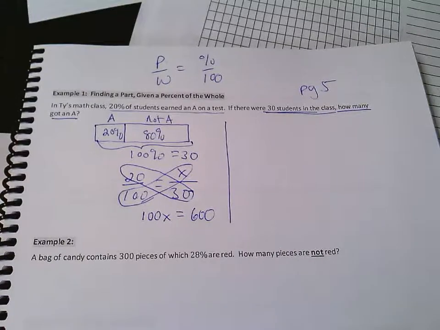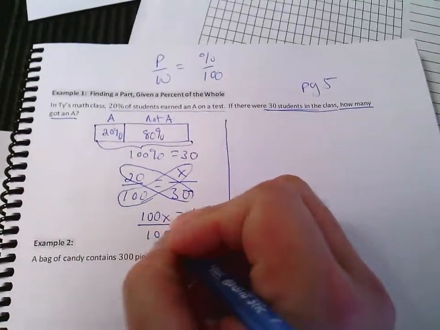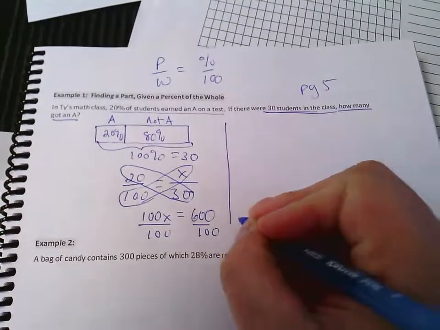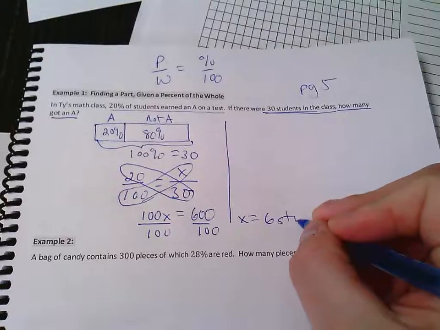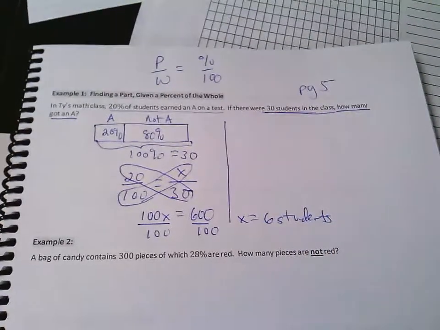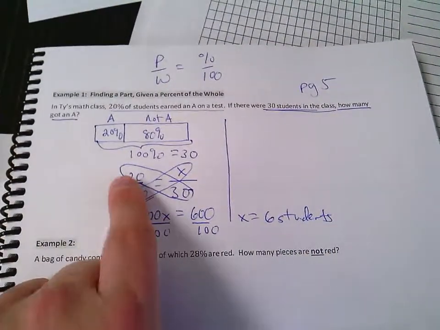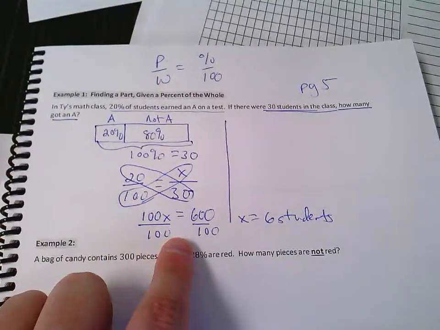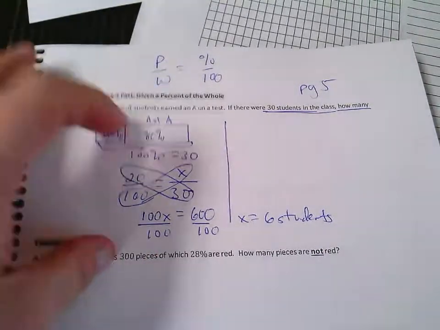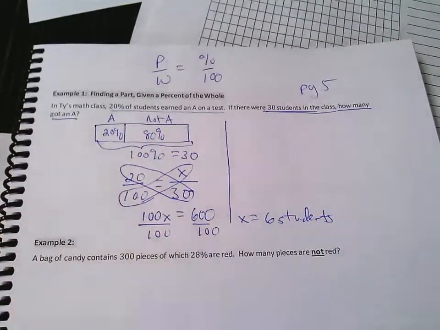Now we got a one-step equation, 100x equals 600, and then we divide by 100. And you get x is equal to 6. 6 students. You will get the same thing if you cross multiply and divide by the 100, but I want to show you more mathematically, because next year in 8th grade math, you're going to be doing proportions, and you're going to have to write them out algebraically.